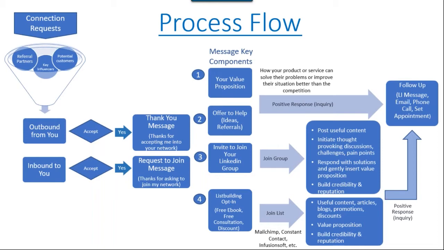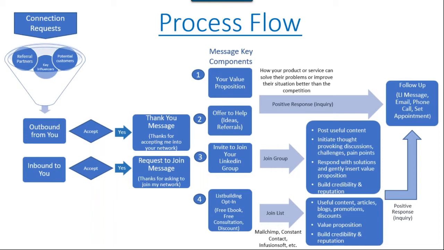And you're going to get connection requests coming in, and then you're also going to make strategic connection requests, which are outbound. So the two tracks that Ken went over today are: if you're making an outbound request to somebody and they accept that request, you're going to send them the thank you message, which thanks them for accepting you into their network.